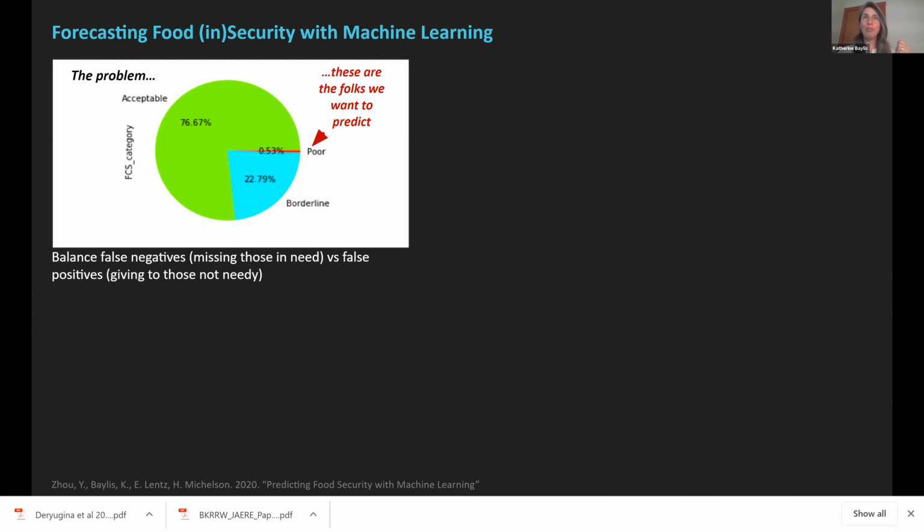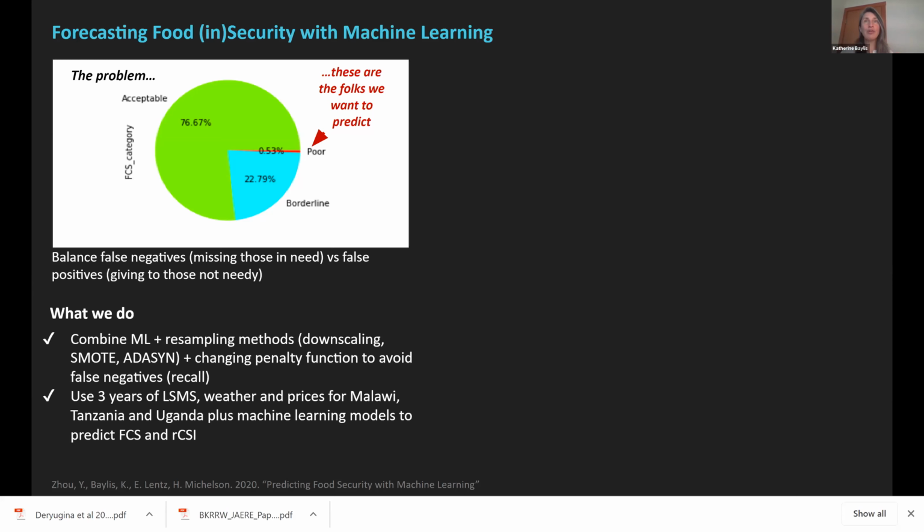And so probably the simple predictive model that says nobody is truly food insecure is going to be highly accurate, but not useful, right? So we care about recall here. We care about being able to identify those folks maybe a little less than overall predictive accuracy.